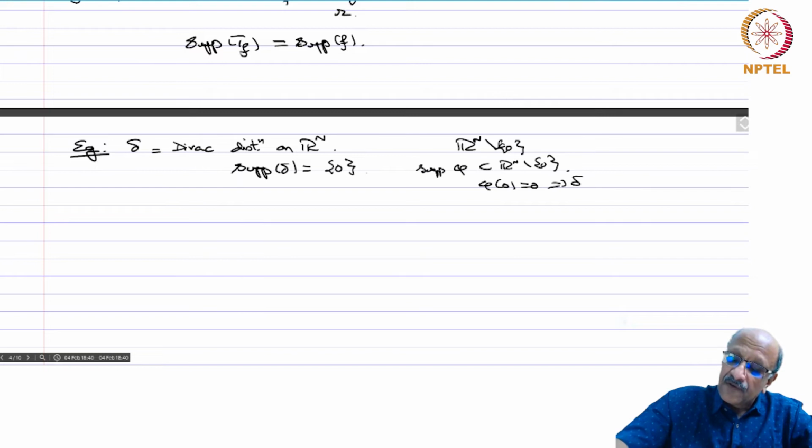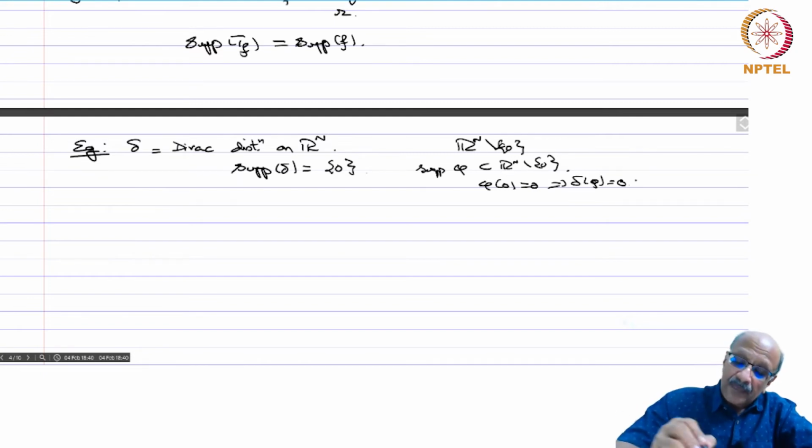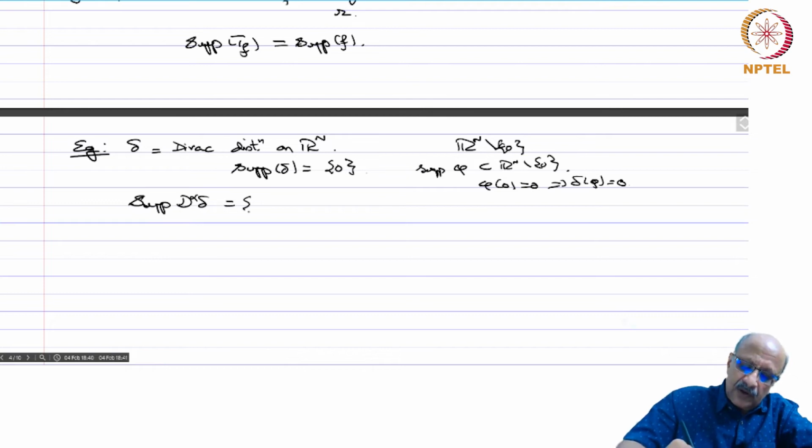This implies that δ(φ) is 0. But if you have R^n, then you can have C infinity functions with compact support which don't vanish at 0, and therefore δ will not vanish. So the largest open set where δ vanishes is R^n minus 0, so its complement is the singleton {0}, and therefore the support of δ is the singleton {0}. And in fact, you can check this also, the support of D^α δ is also the singleton {0} for every multi-index α.